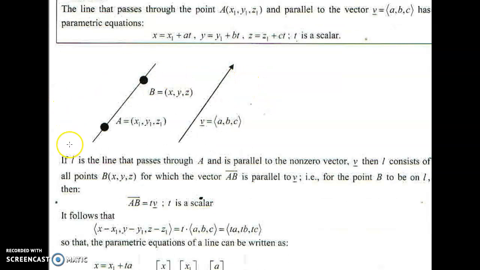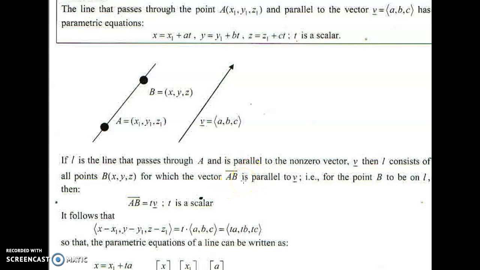If line L passes through A and is parallel to this vector, we can say that L consists of point A and any other point B. When we calculate B minus A, we get vector AB.